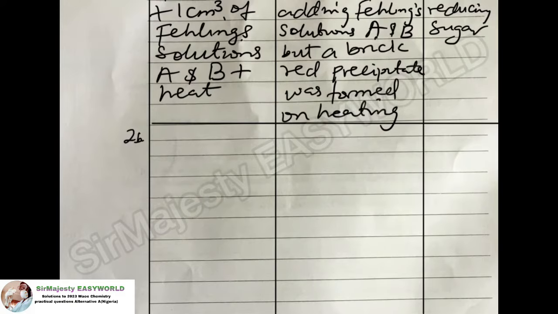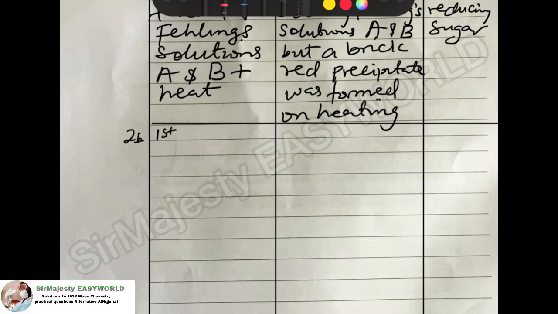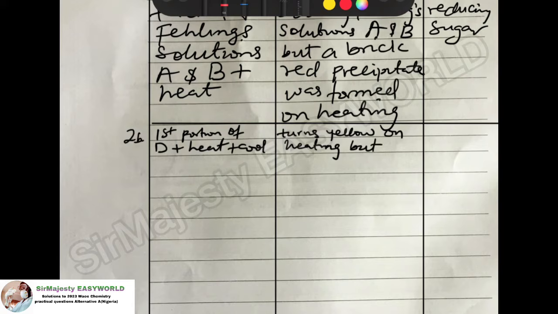So turning to the next page, you say first portion of D plus heat plus cool. You say it turns yellow on heating but white on cooling.